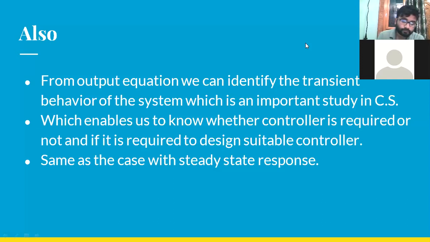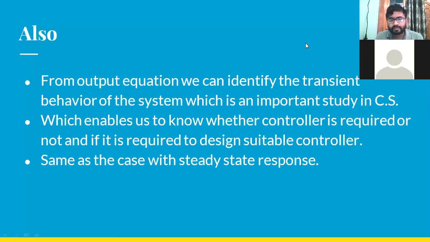From the output, we can identify the transient behavior of the system also. That is a very important analysis in control. Next one. By looking at the transient response, we can improve it by designing a suitable controller.